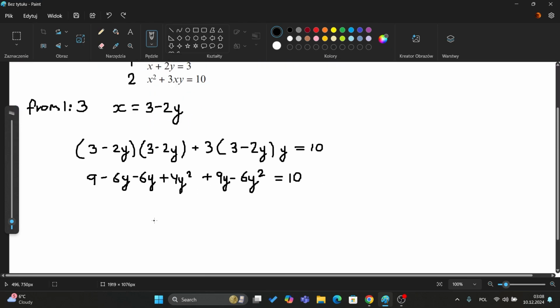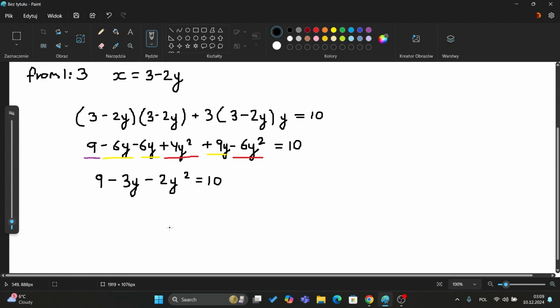Now that we have expanded the brackets, we can proceed with collecting the like terms. So here I got minus 6y squared and 4y squared. Here I got y's over here, and we got the numbers over here. So once we collected the like terms, we can move the 2y squared to the other side because we don't want it to be negative.